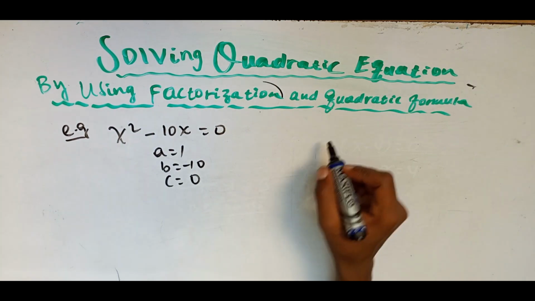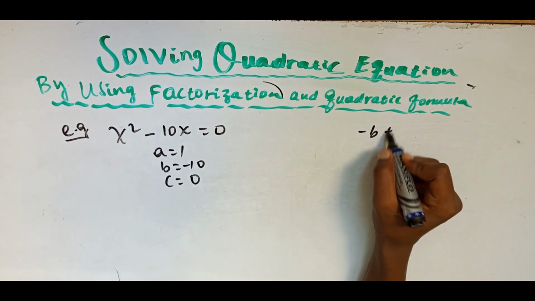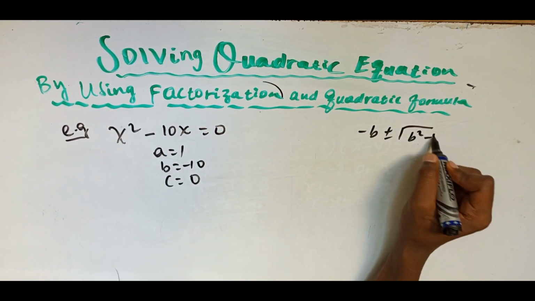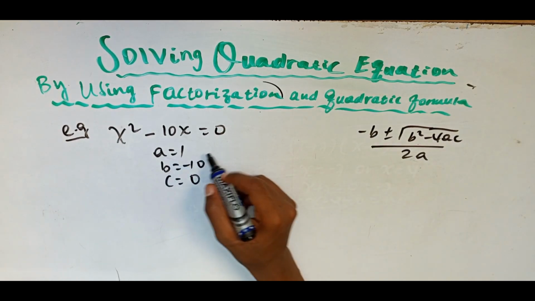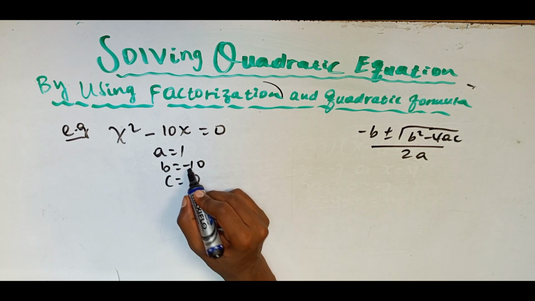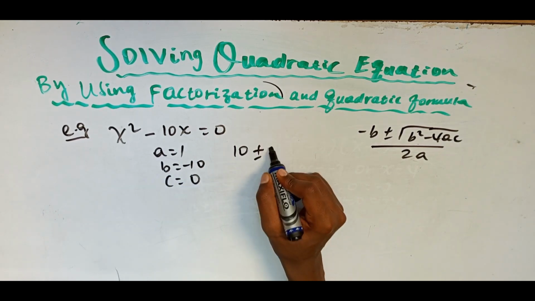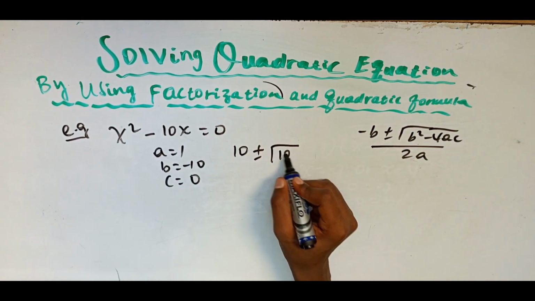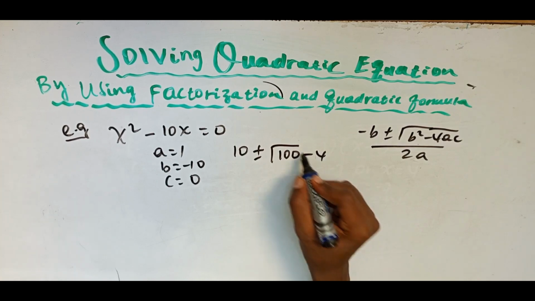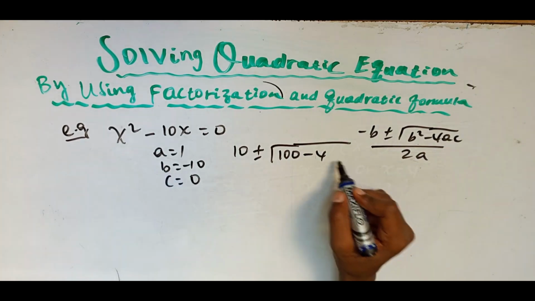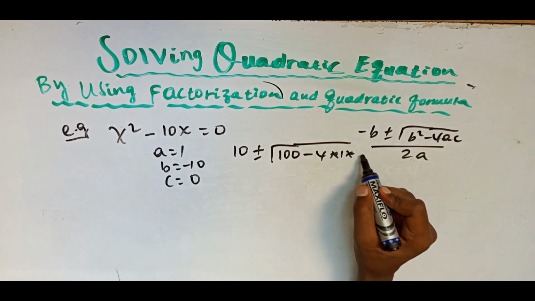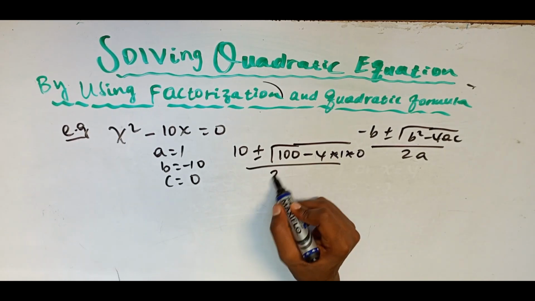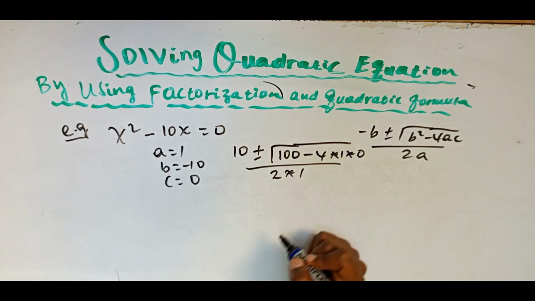So we have to substitute into the formula of minus b plus or minus under radical of b square minus 4ac over 2a. So minus b means minus minus 10 plus or minus under radical of b square means 100, minus 4 times what's the value of a? 1, times what's the value of c? 0, over 2 times a, which is 1.